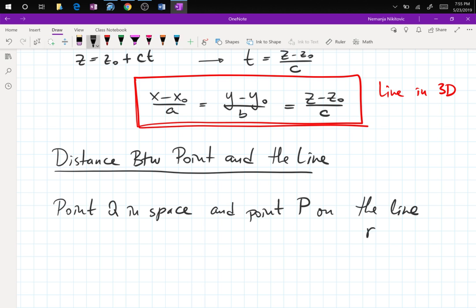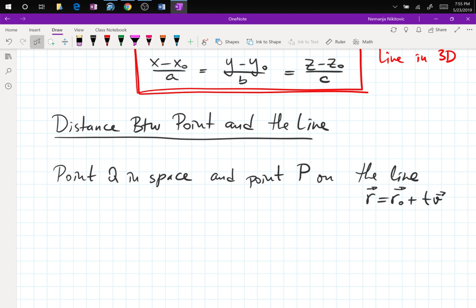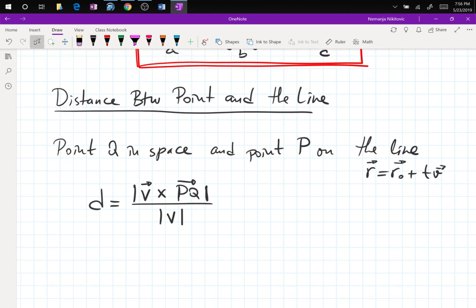And the line is given by r equals r0 plus tv, right? That's our vector notation for the line, the same like y equals mx plus b. So the distance is given by d equals, so this is the formula, the magnitude of v cross vector PQ divided by magnitude of v.